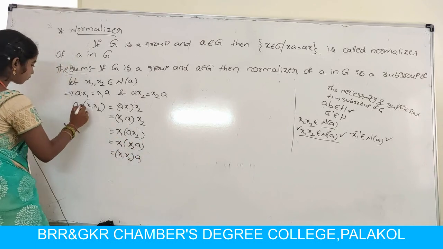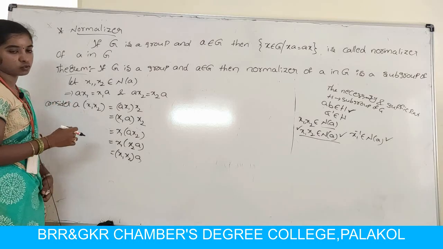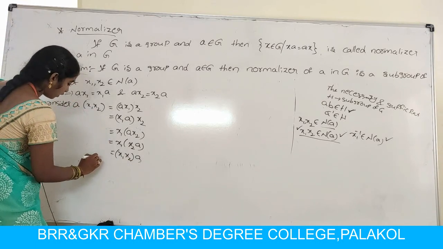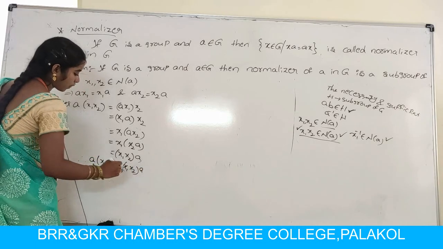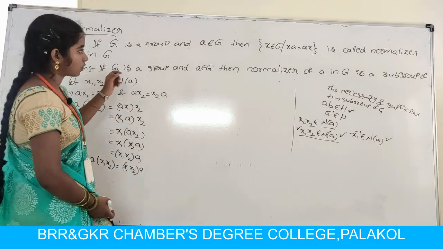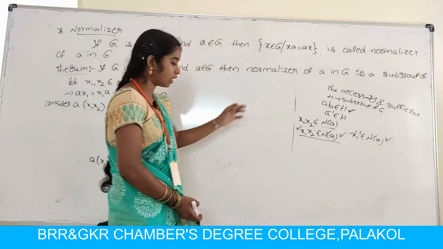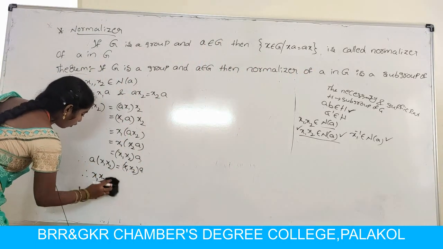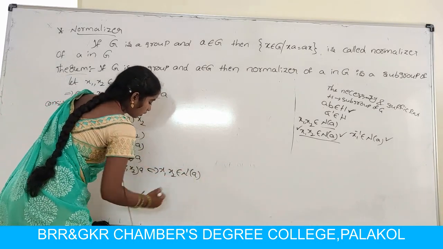So a into x1 x2 equal to x1 x2 into a. That means x1 x2 belongs to N of A.